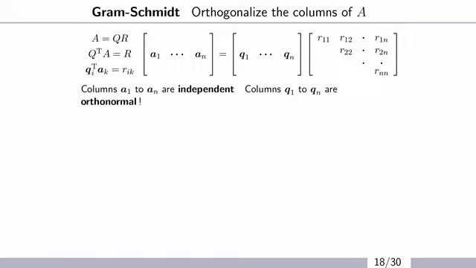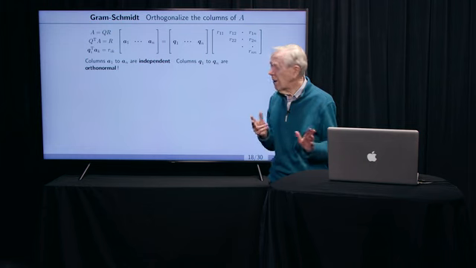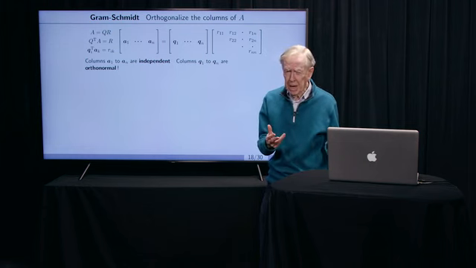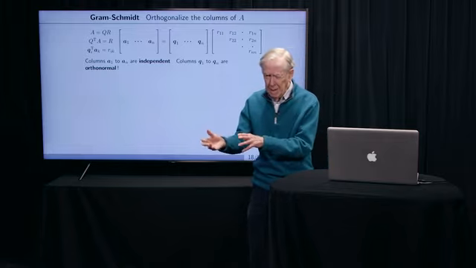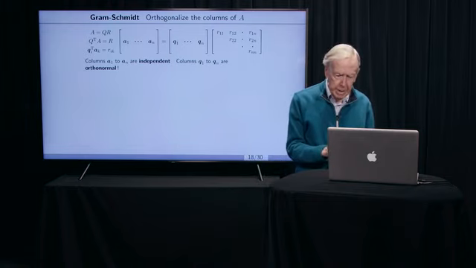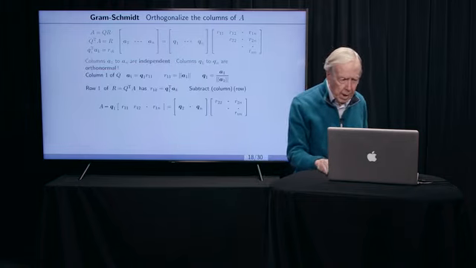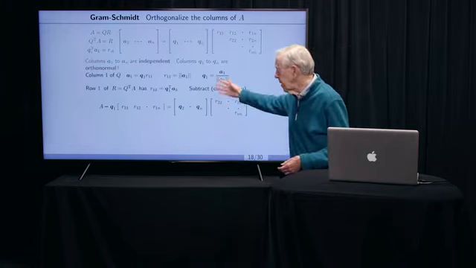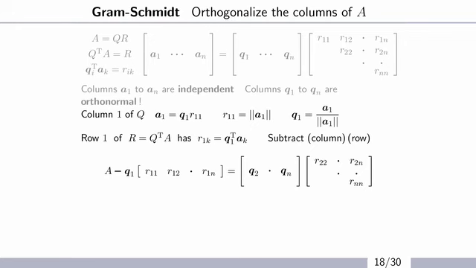So A equals QR is one of the fundamental steps of linear algebra and computational linear algebra. Very, very often we're given a matrix A, we want a nice matrix Q, so we do this Gram-Schmidt step to make the columns orthogonal. And here's the first step of Gram-Schmidt, but you need practice to see all the steps.